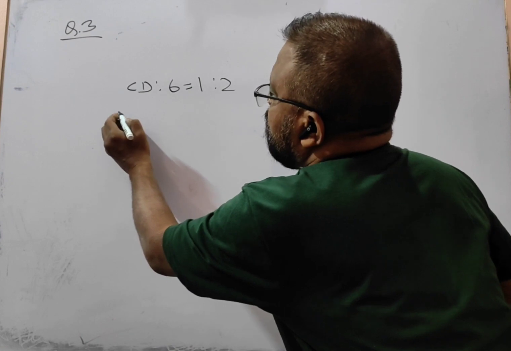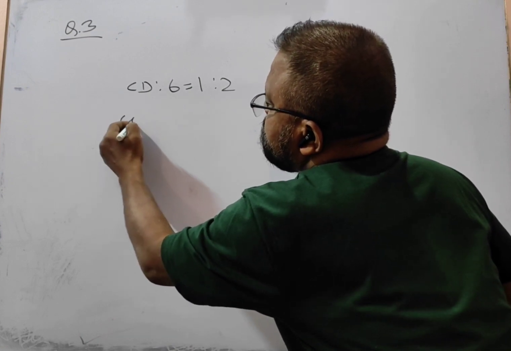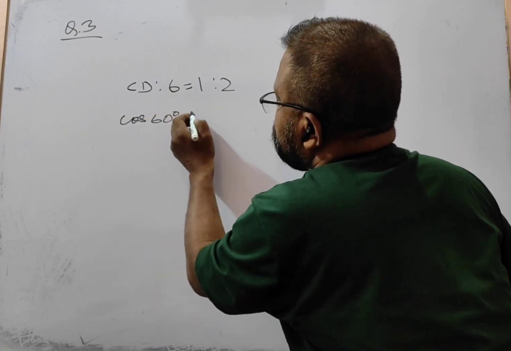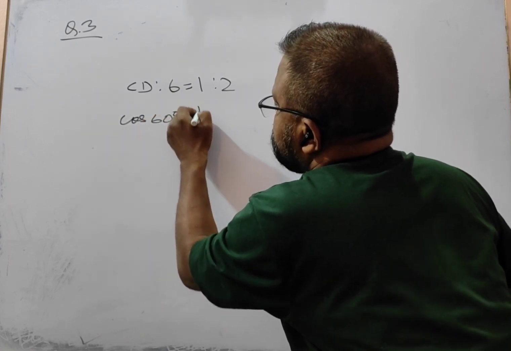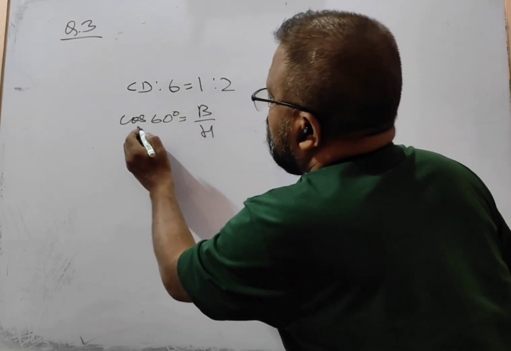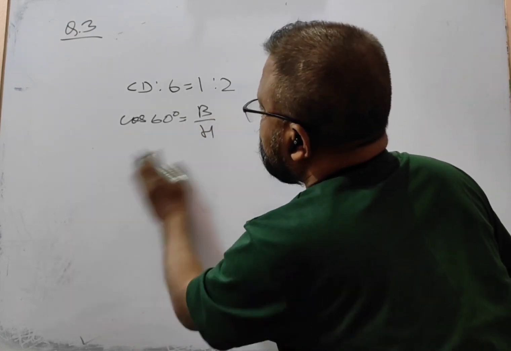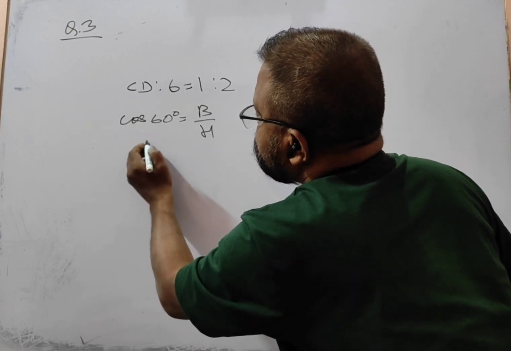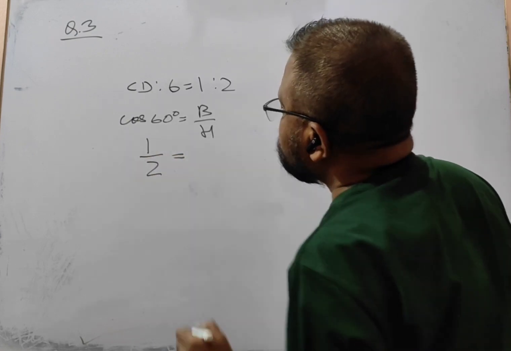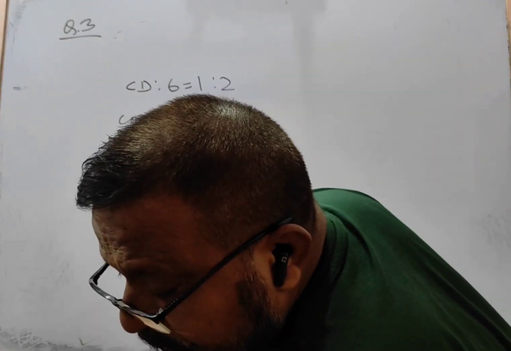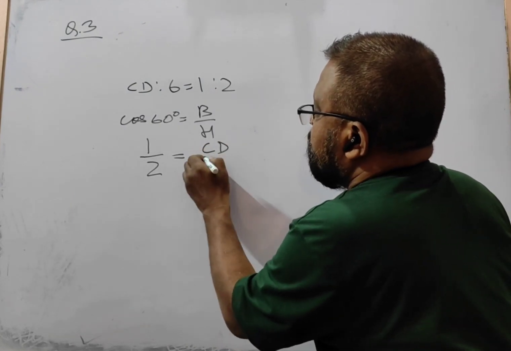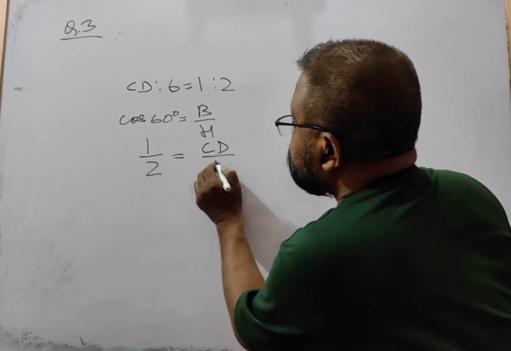What I told you: cos 60 degree is equal to base upon hypotenuse, so cos 60 value is 1 by 2, right? And base is CD, and hypotenuse is 6.